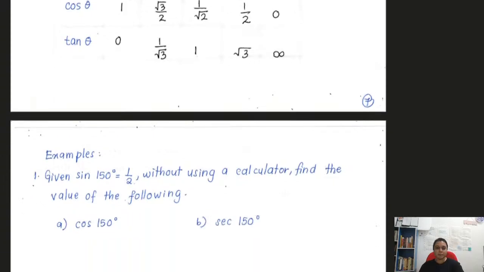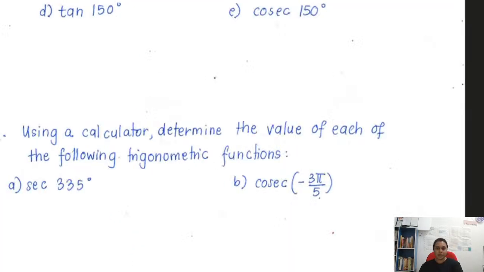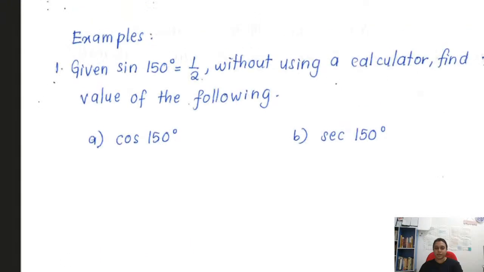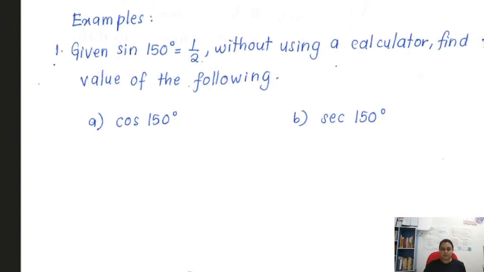Remember the triangle. Okay. This is how question paper 1, they will give. Okay. Given here, okay, diberi sin 150 sama dengan 1/2. Without using a calculator, find the value of the following. This one is sin.